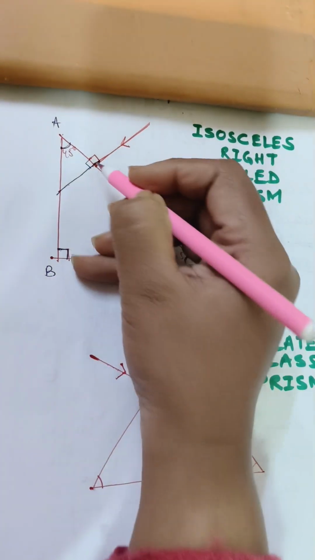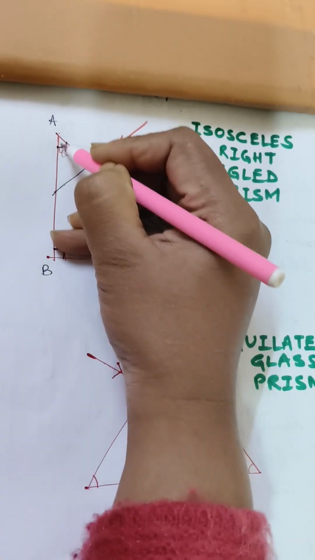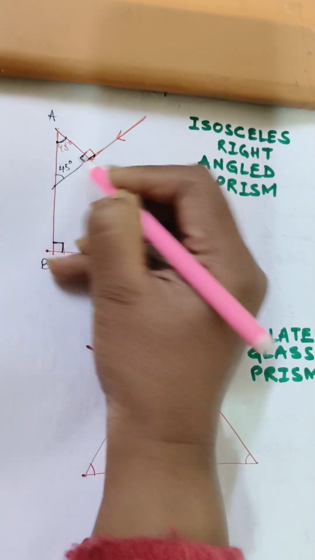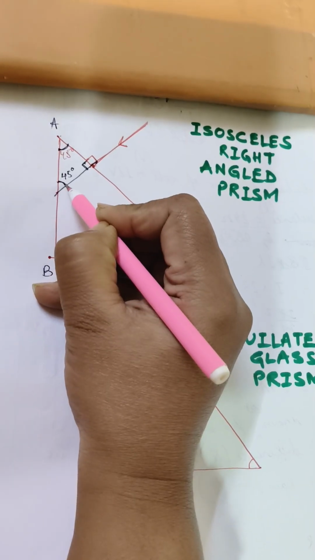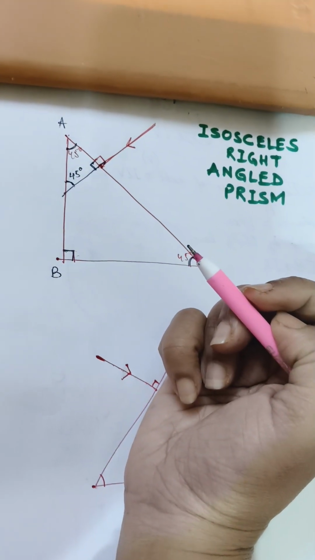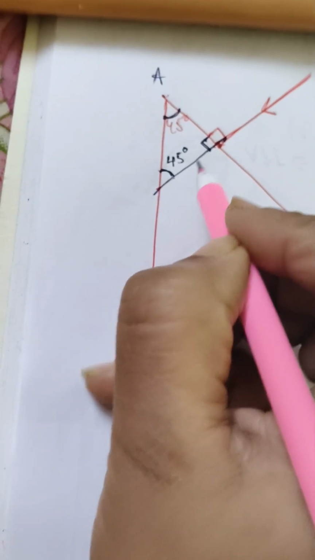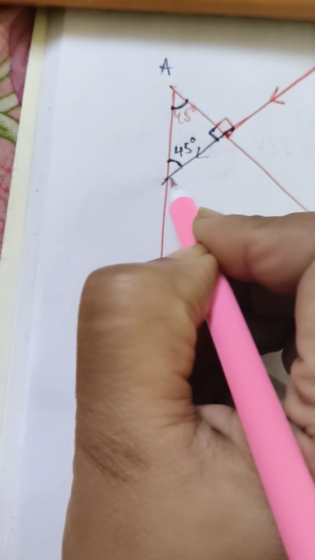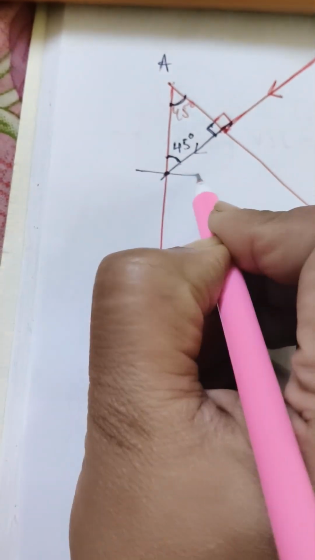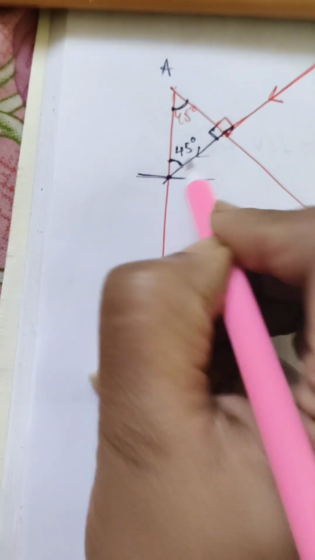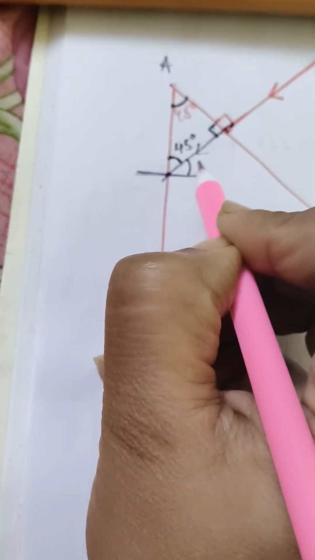Now if this is 90 degree, this is 45 degree, the triangle created here will have an angle 45 degree here. Now, at the point where the light ray is incident, I shall draw a normal first. This is the normal. If this is 45 degree, this again will be 90 minus 45, which is 45 degree.